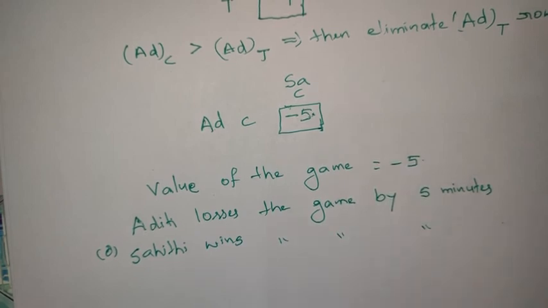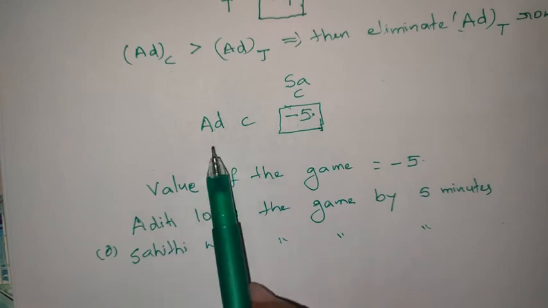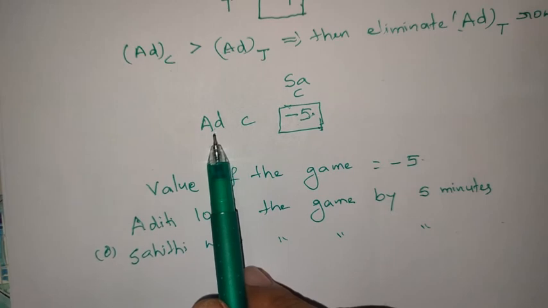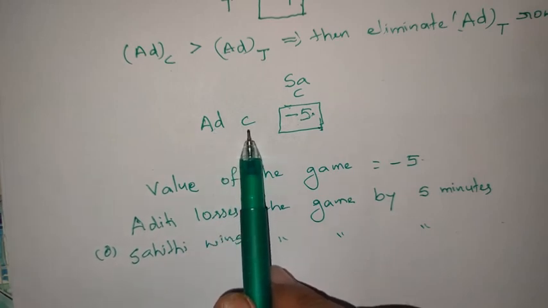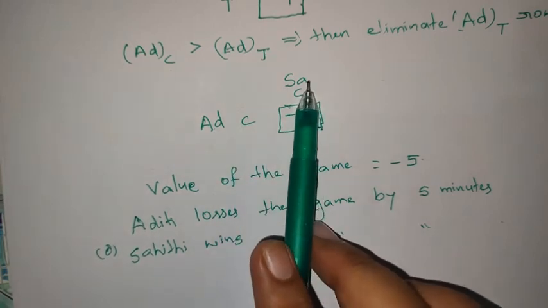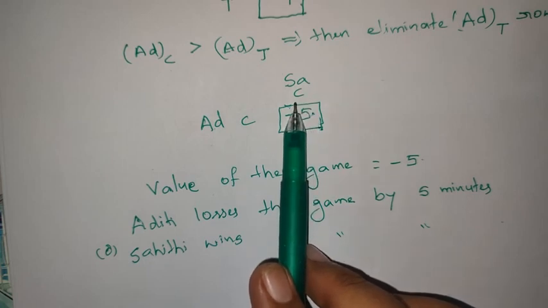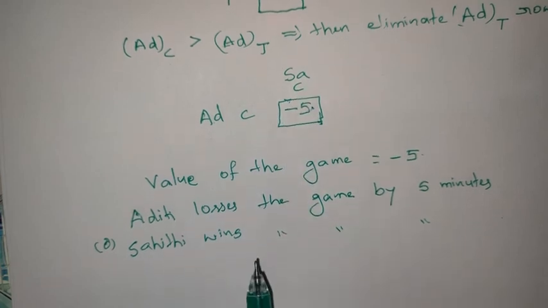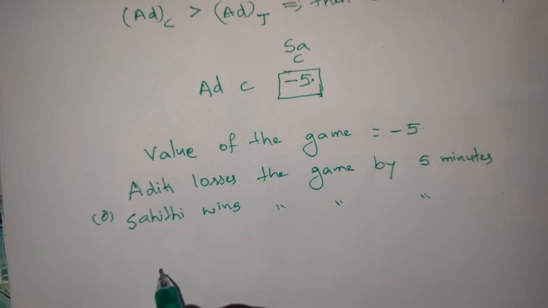Either is right. Now what is the strategy used by the two players? Aditi is going to select the strategy to go by car, and Sahiti selects the strategy to go by car. Write that. Optimal strategy selected.